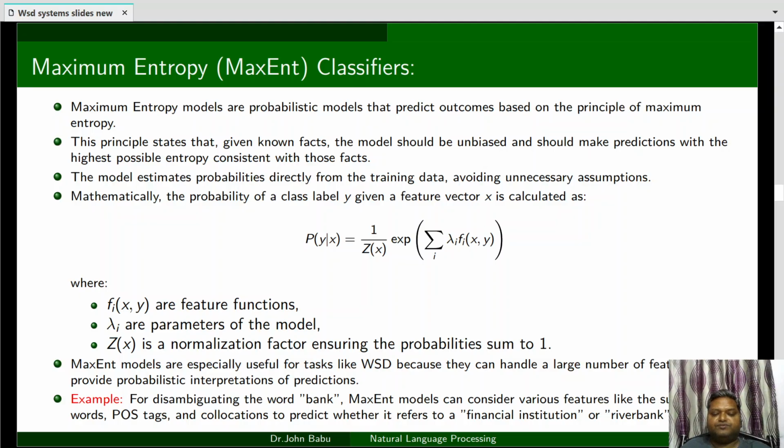Suppose you have to disambiguate the word bank, then maximum entropy models will consider features like surrounding words, POS tags, and local collocations, how these words are used, to predict whether it refers to a financial institution or a river bank.